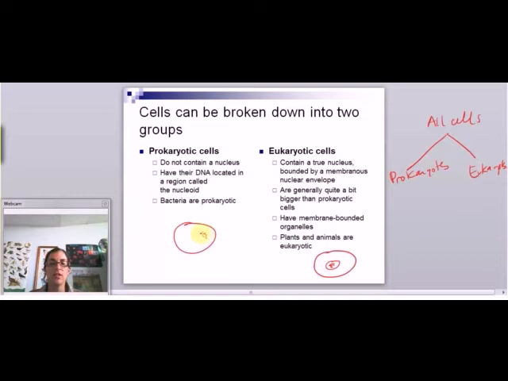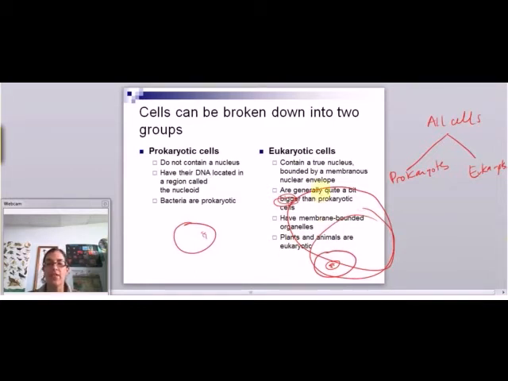So this is a nucleus, this has DNA, but it's just floating in the cytosol. Eukaryotic cells, and that's not reflected in my drawing, are usually much bigger, right? So if I were to draw this to size, it'd be more like this for the eukaryotic cell. And again, you're going to see this in the lab, how much bigger they are.